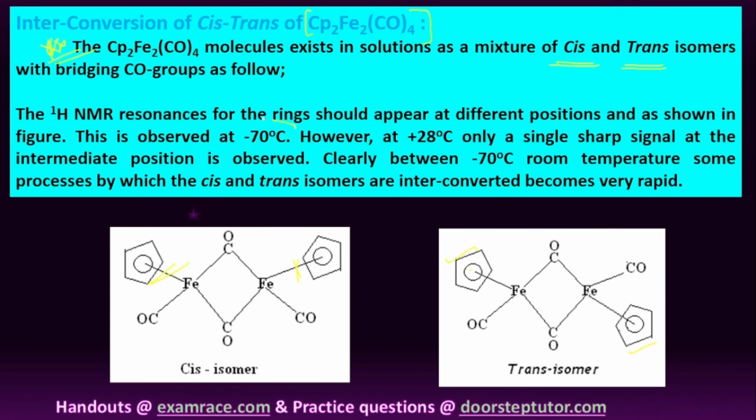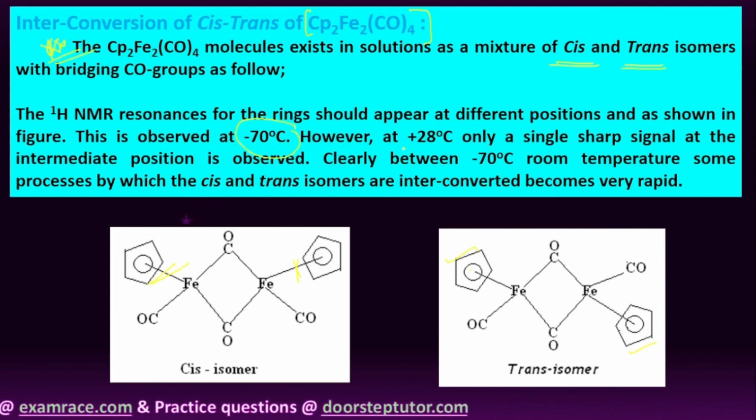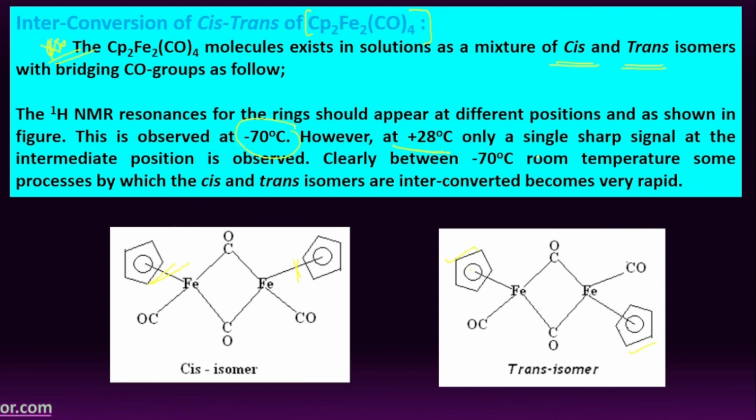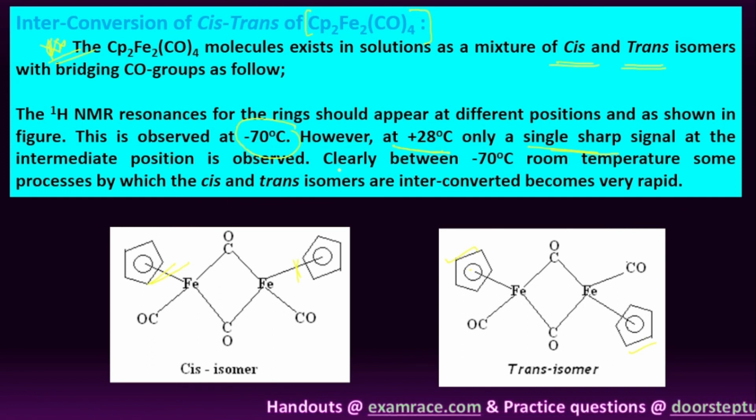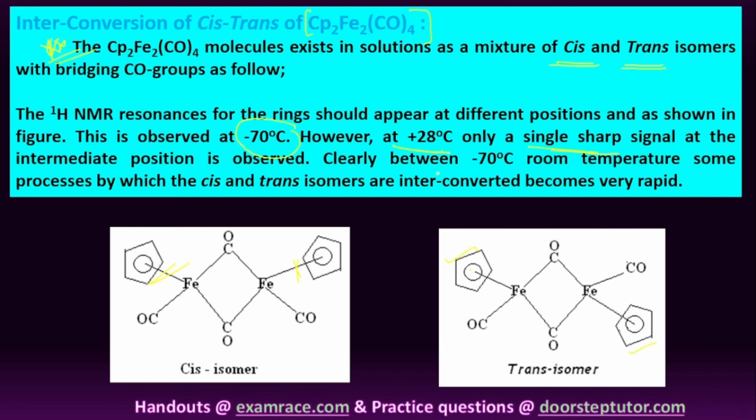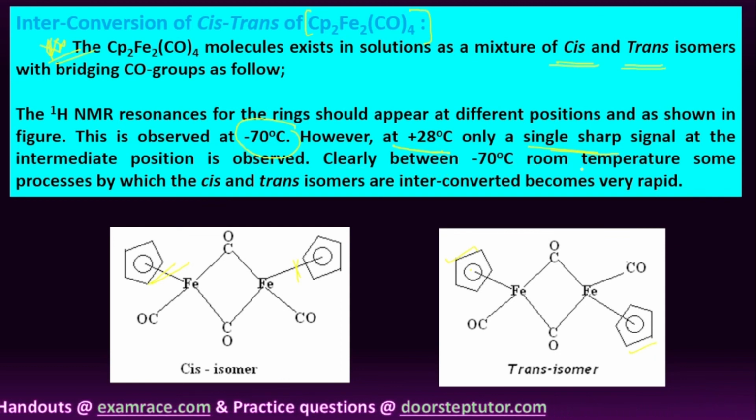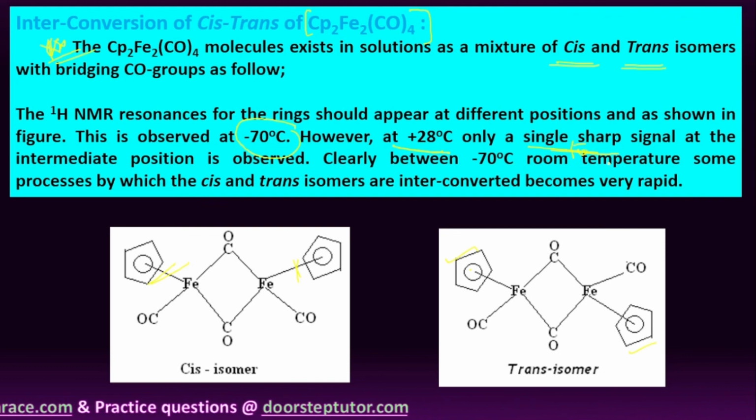At minus 70 degrees two different signals are observed, while at room temperature only one sharp signal is observed at an intermediate position.